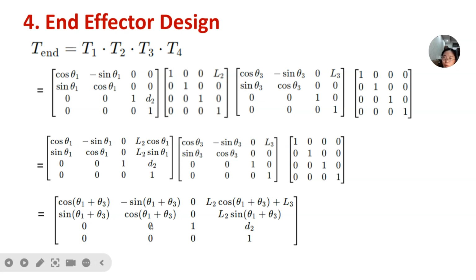Because T4 is an identity matrix, T1 T2 T3 multiplied by T4 equals T1 T2 T3.